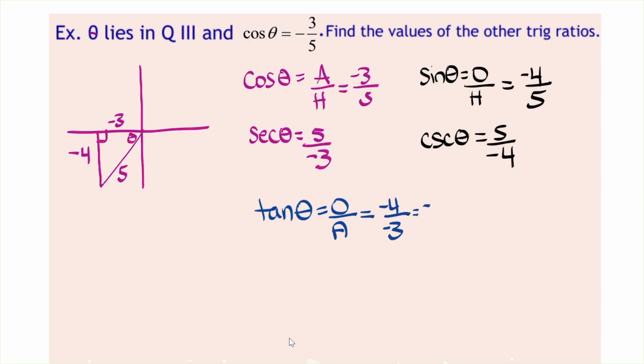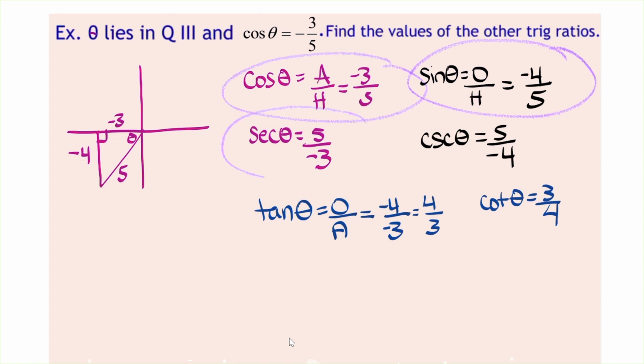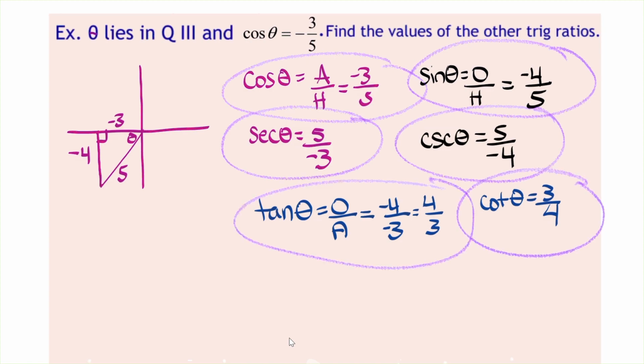We know a negative divided by a negative is a positive 4/3. That's tan of theta. If that's tan, I know cotan of theta is the reciprocal of that. So I have all that I need: sine, cosine, secant, cosecant, tangent, cotangent.